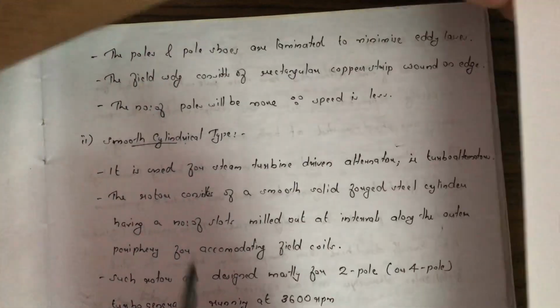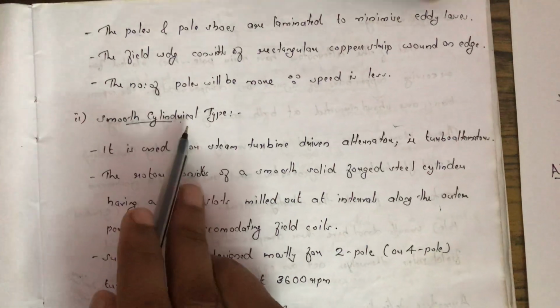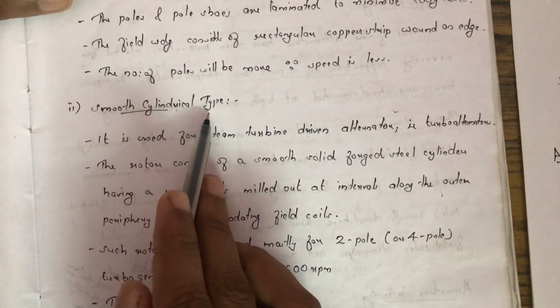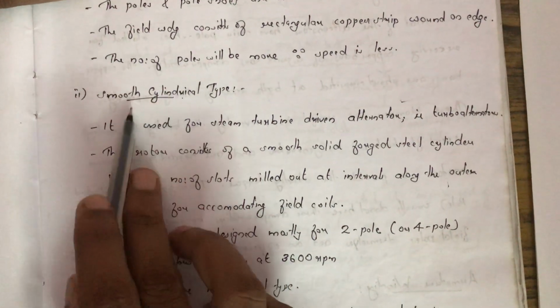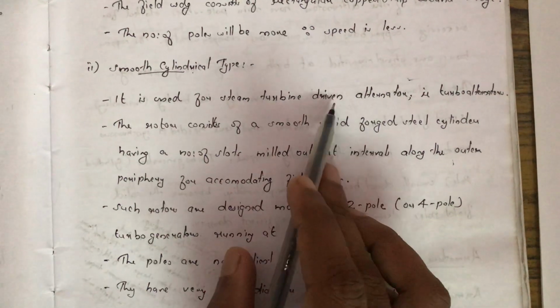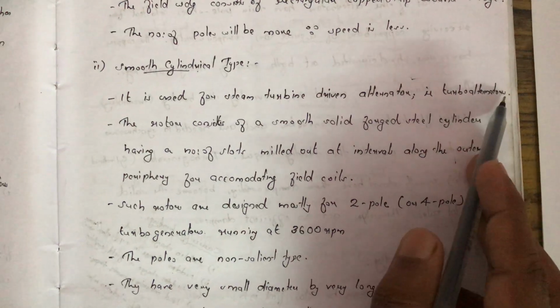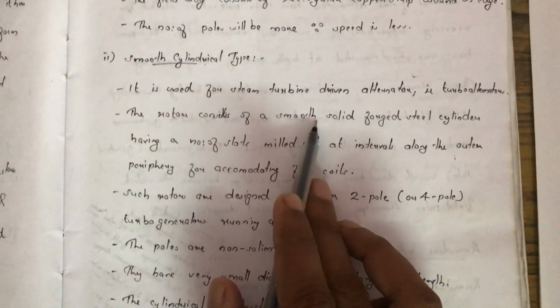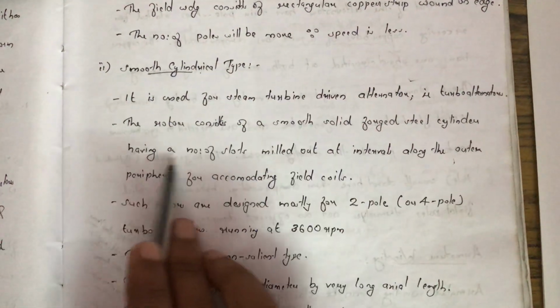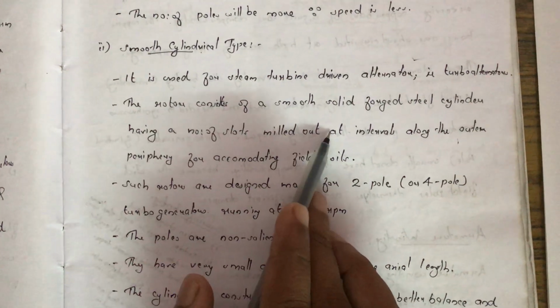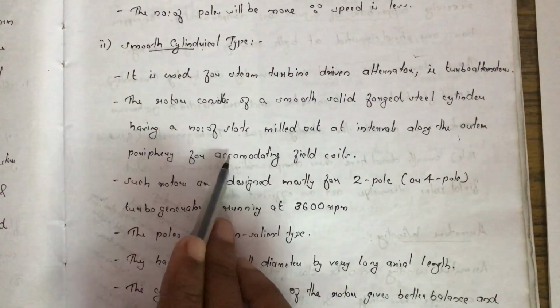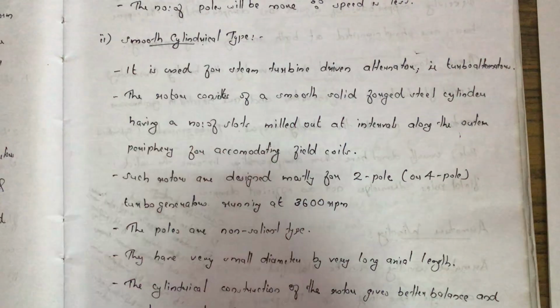Now let us see the smooth cylindrical type or non-salient pole alternator. This type of construction is used in very high speed alternators, also called turbo alternators. The rotor consists of a smooth cylinder having a number of slots milled out at intervals along the outer periphery for accommodating the field coils.